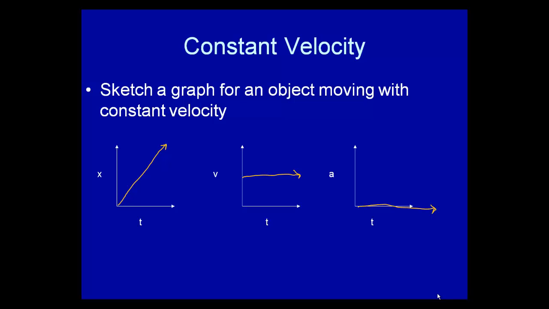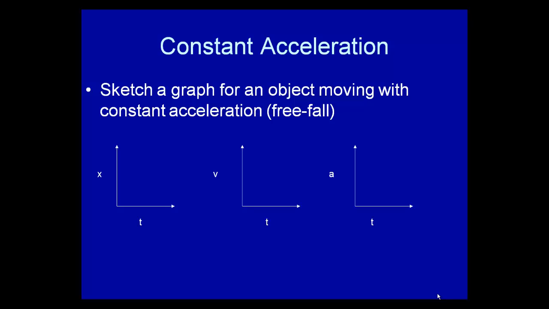Now, that's a case we encounter a lot. The other case we encounter is constant acceleration. The most common case of that is free fall. So let's think about it. As an object falls, it gets farther and farther and farther apart. So it's a parabola. That comes from the x equals 1/2 at squared equation. That's the reason it becomes a parabola.